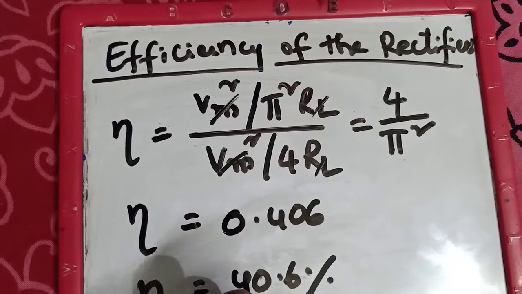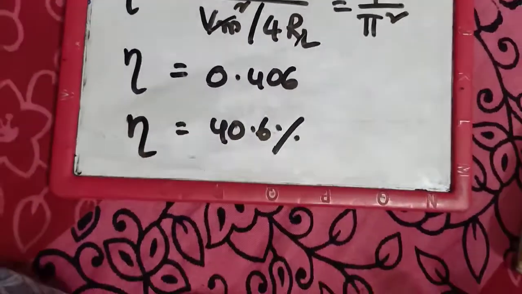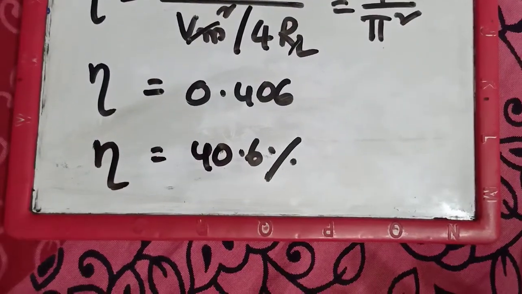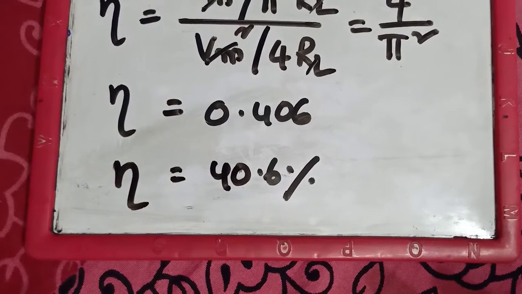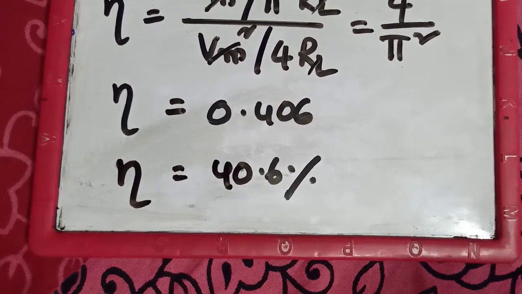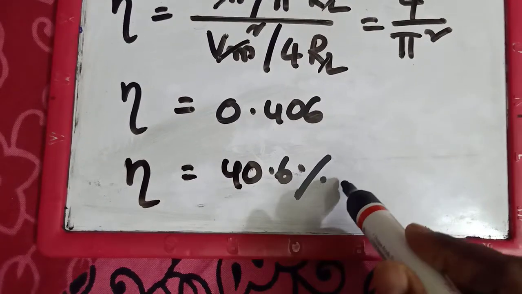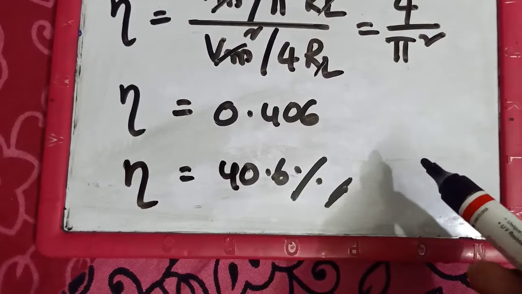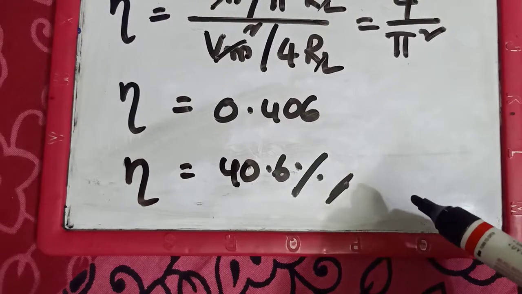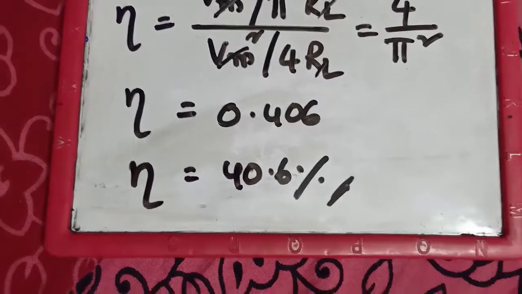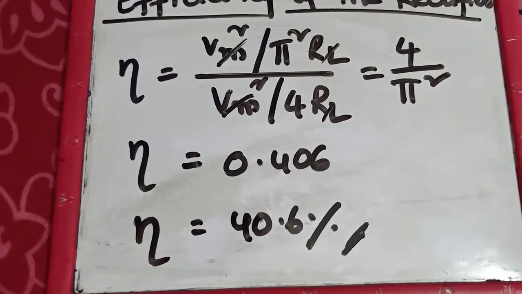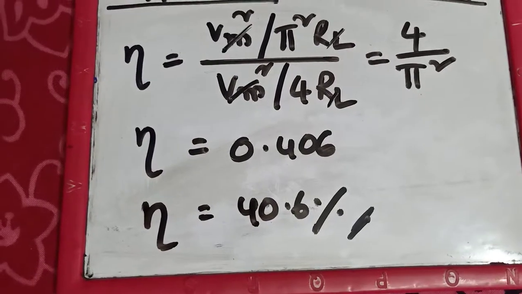So the ability to rectify is only 40.6%. The efficiency shown by the half-wave rectifier is less than half because the resistance offered by the diode can't be negligible under practical conditions. So eta is 40.6%.